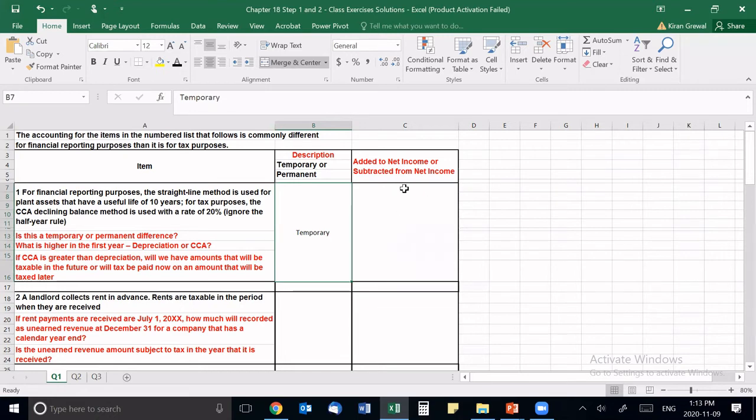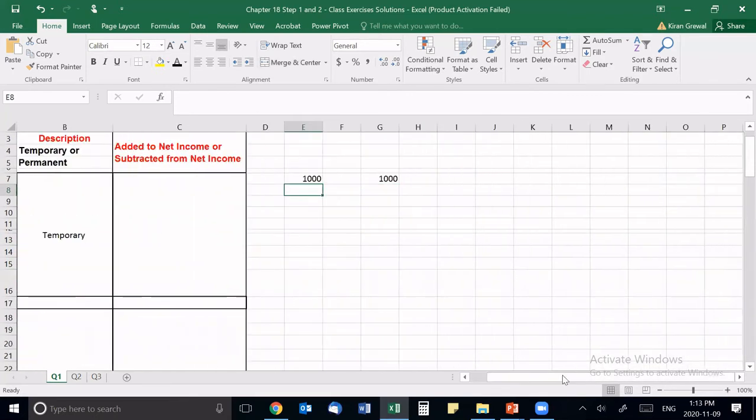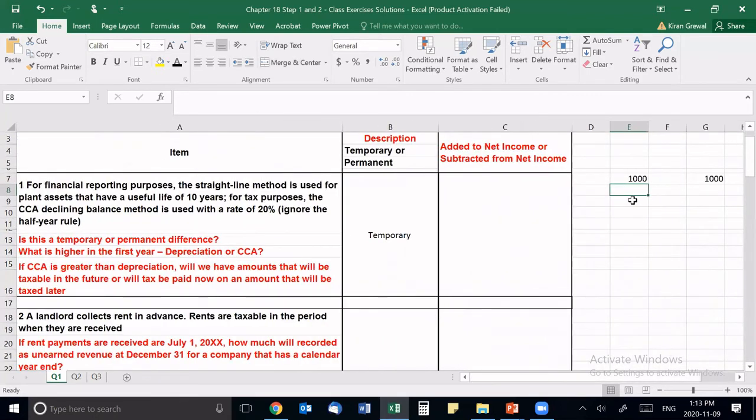To determine if you have to add these amounts or subtract these amounts, we can quickly put some numbers to this just so we can figure out what is higher, depreciation or CCA. Okay, so if you have an asset value of $1,000, so if $1,000 is your asset, the first one says the depreciation.